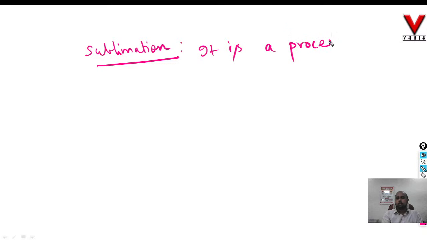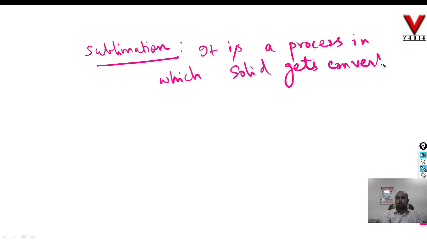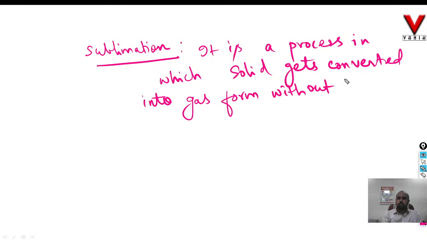It is a process in which a solid gets converted into gas form without converting to liquid.